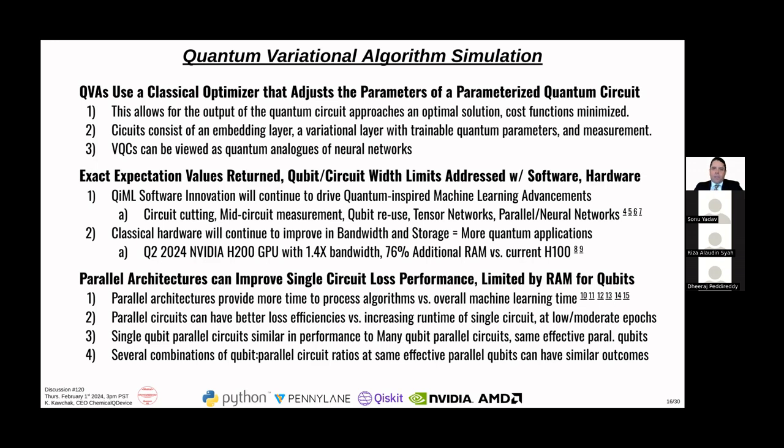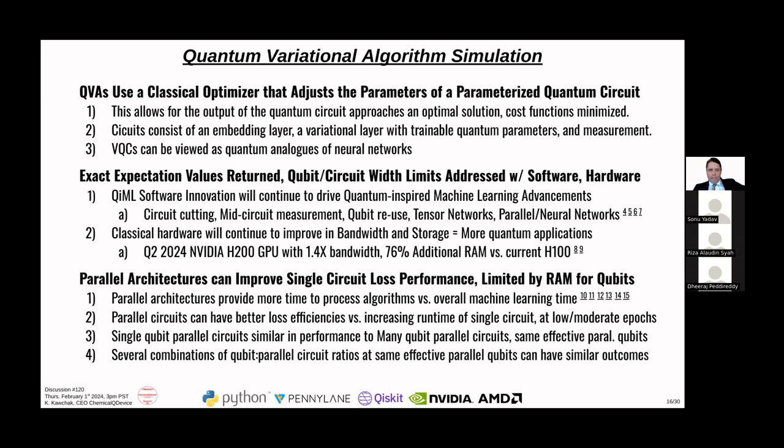So this is QVAs. Basically QVAs, and tensor networks too, and dequantized algorithms, you're going to use a classical optimizer in this process. And it's the same thing as anything with machine learning, except now you have quantum mechanical information, and the parameters are the rotations on the simulated qubits, okay? So the circuits consist of embedding, variational layer, trainable quantum parameters and measurements, and that's the typical gate model.